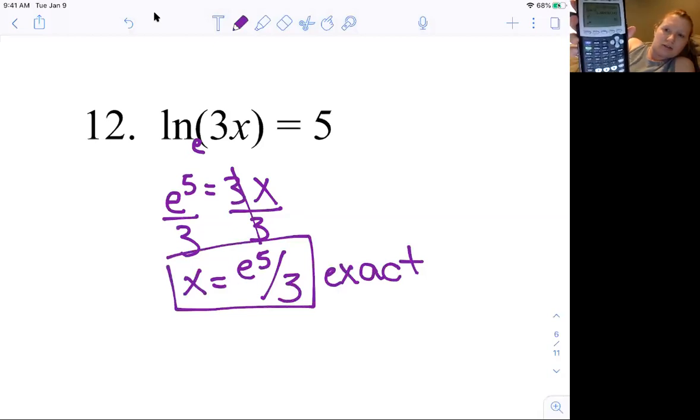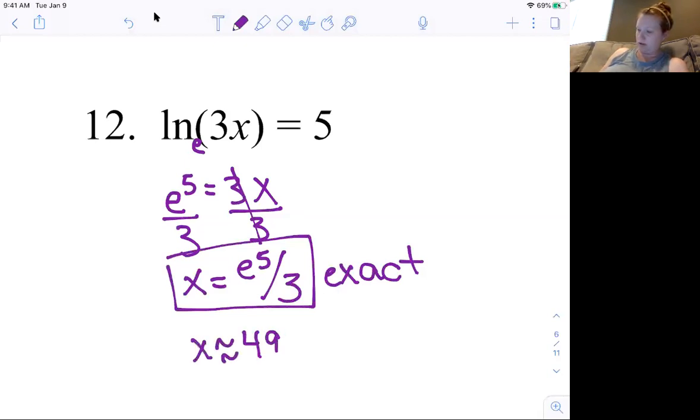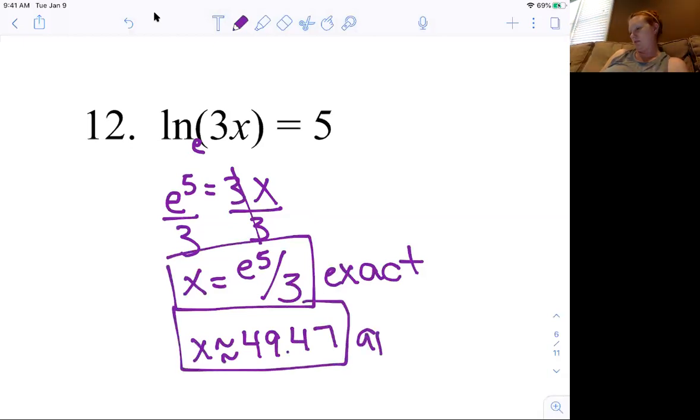So you do e, and we want e to the 5th power, and I'm dividing it by 3. So I type it like that. And that gives me about 49.47. So that's called the approximate answer because I've rounded it. So you should be able to do both methods.